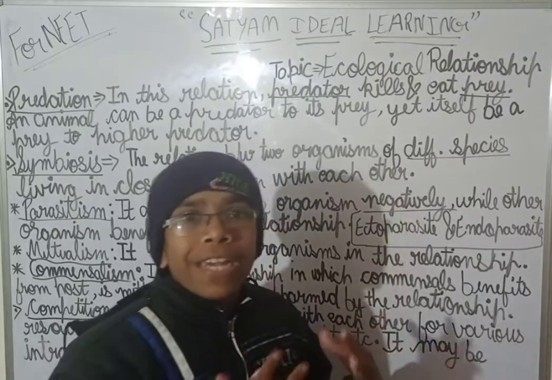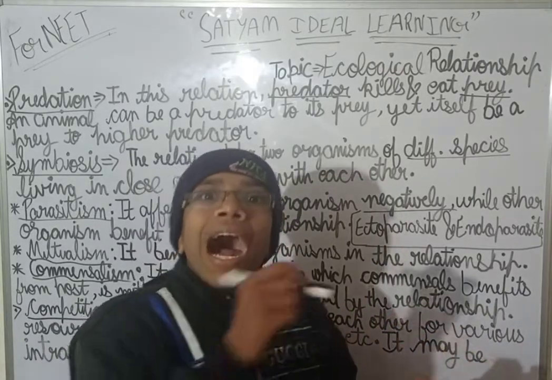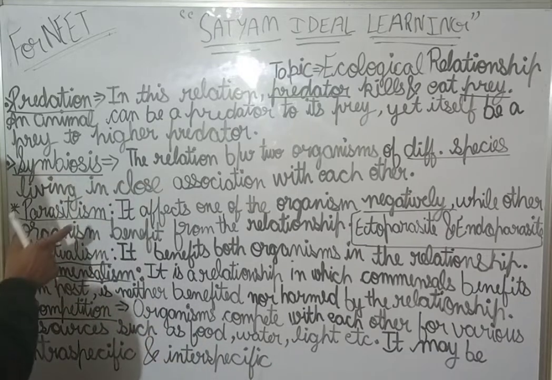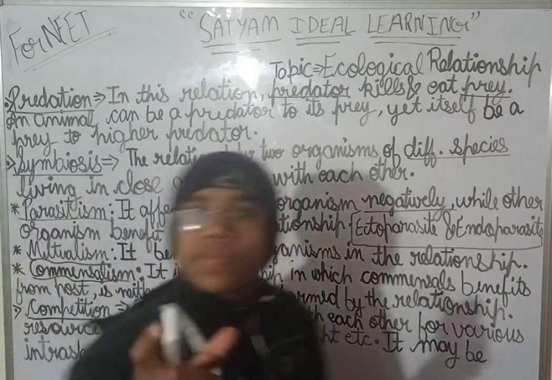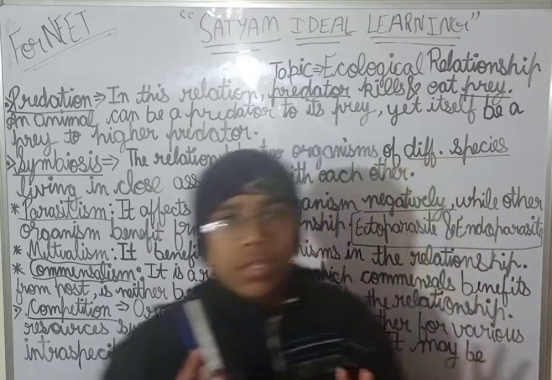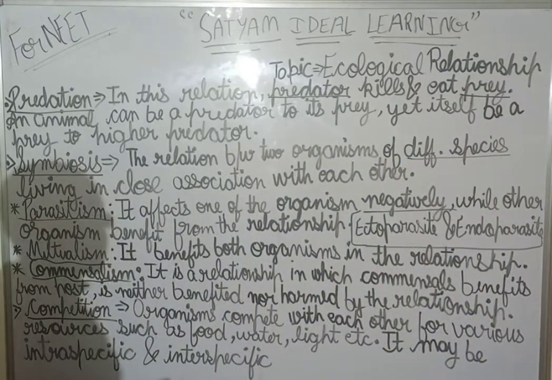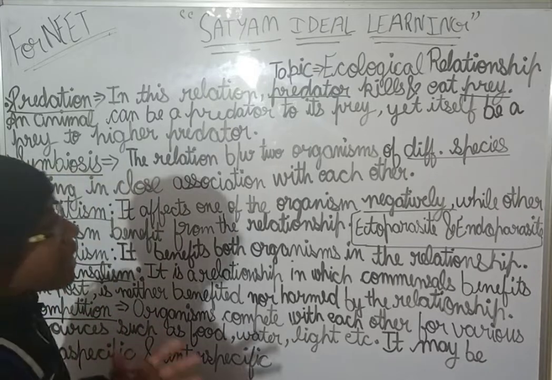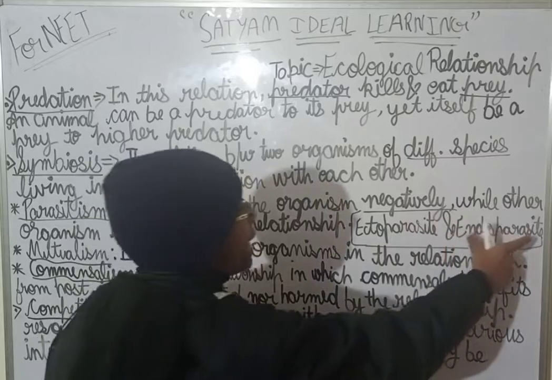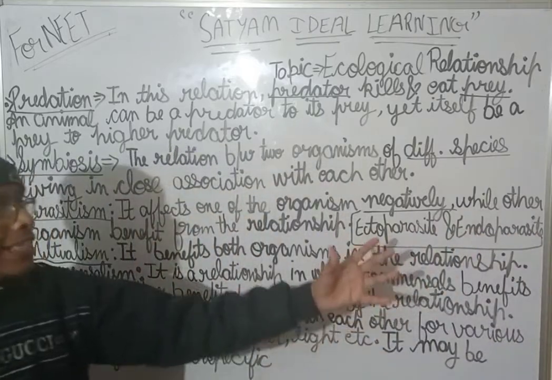They are benefited by the host, but they harm the host. I think it must be clear what parasites are and what the host is. Now we will be taking one example. Before taking the example, I want to tell you something: ectoparasite and endoparasite. Now what are these two terms?